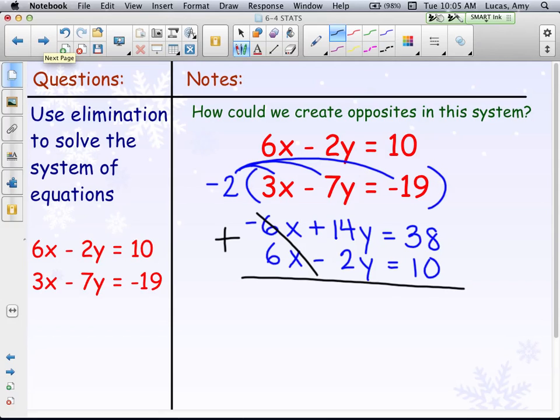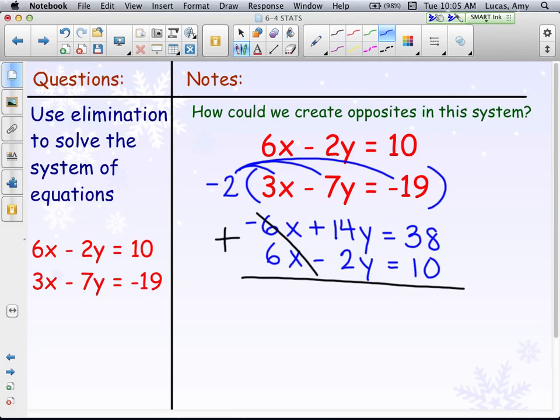So I looked at the x coefficients and the y coefficients, and I determined that 6x and 3x, because 3 is a factor of 6, I could multiply that 3 by a negative 2 so that it was the opposite of 6. So you just need to look at the coefficients to determine what you should do with your multiplication step before you can eliminate.